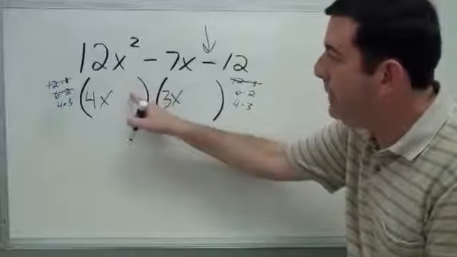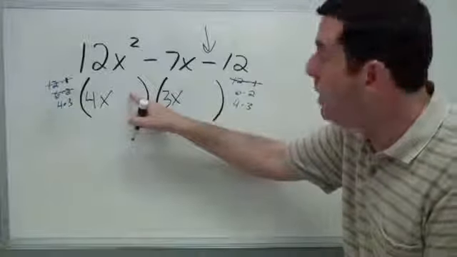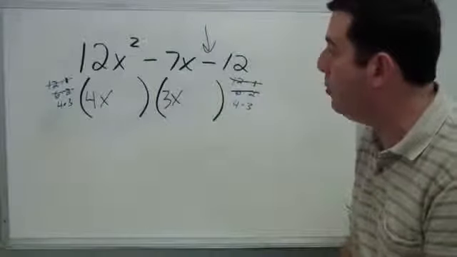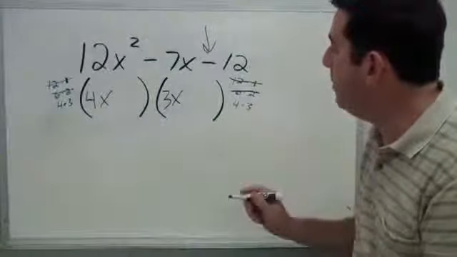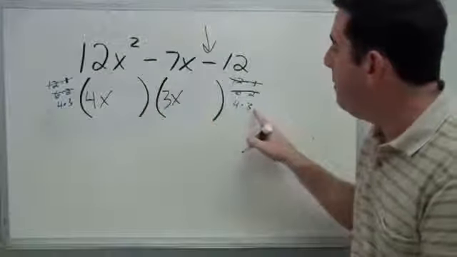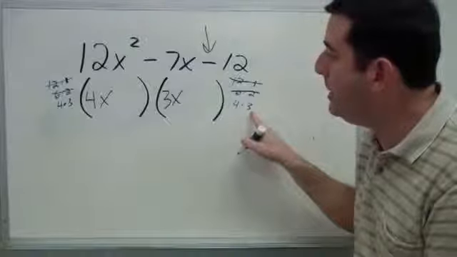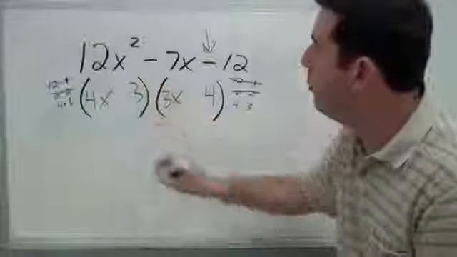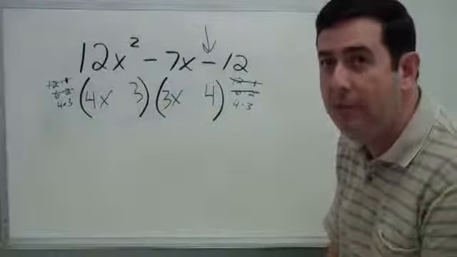Since I can't put 6 here, since I can't put 2 here, this tells me that I can't use that group. Look at our last possibilities. The 4s cannot be together. The 3s cannot be together. But I could put a 4 here and I could put a 3 there and it'd be okay.